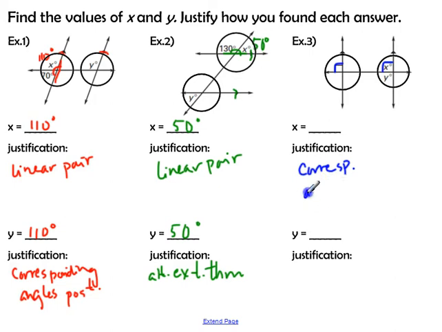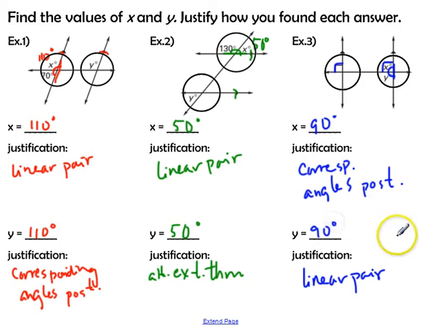Corresponding angles postulate. We can use that to say that they're going to be the same. So 90 degrees is the measure for x. And then if you look at x and y, again, we have a linear pair. They have to add up to 180 degrees. So if x is 90, y also needs to be 90 degrees. So this is how you find your answer for the variable and justify your answer.